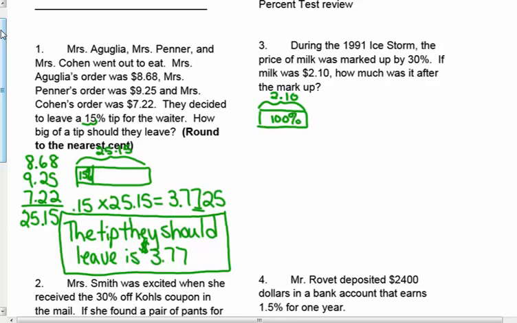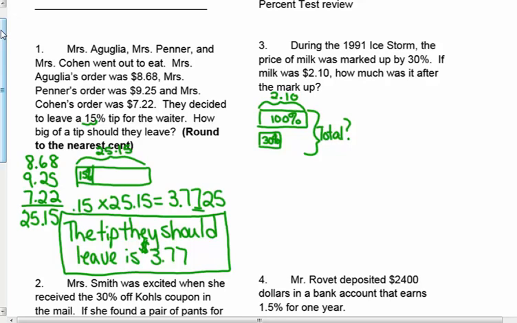So I've got to find another 30% of this and add them together, so I could have the new total. What's the total? That's what I'm trying to figure out. What's the new cost of milk? If 100% was $2.10, and then another 30% is added onto it.